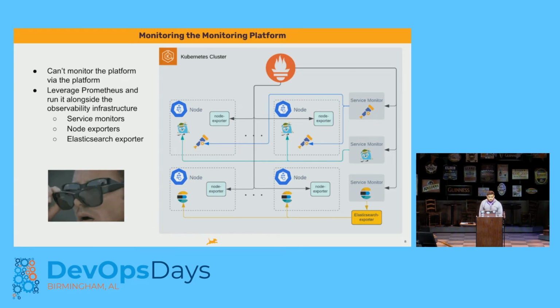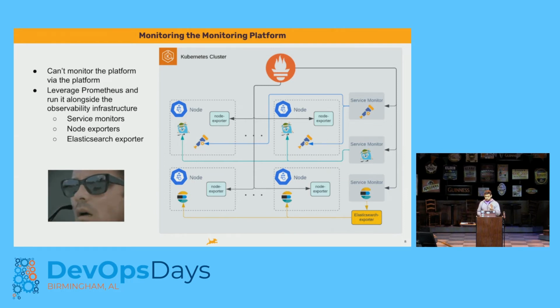So what we did instead was we decided to run Prometheus alongside in the cluster and leverage the service monitors, the node exporters, and then an Elasticsearch exporter to monitor our Jaeger pods, our OpenTelemetry pods, as well as the underlying EC2 instances, or the nodes that comprise an AWS EKS cluster. So this allows us to monitor the platform independent of the platform itself.